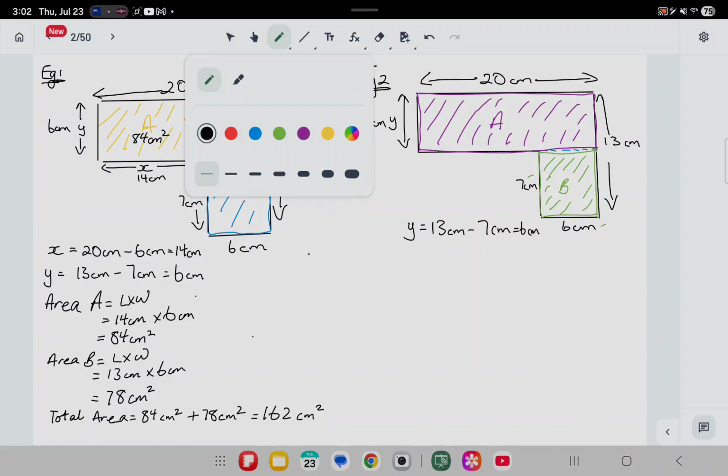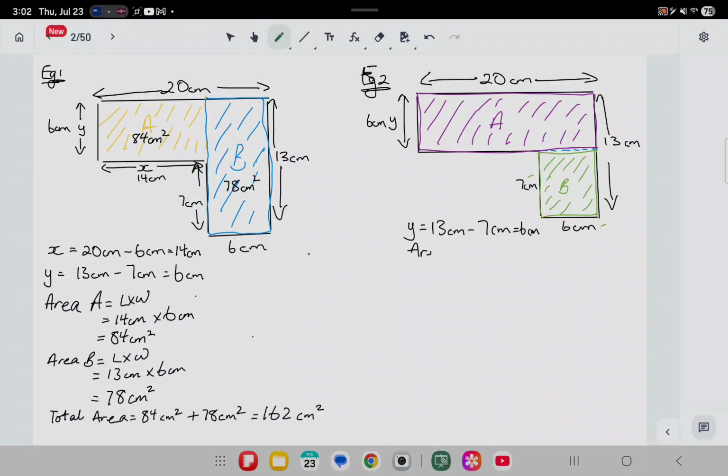So let's find out the area of shape A. We know it is a rectangle because it has a length and a width, so its length multiplied by width is area. So it's just 20 centimeters multiplied by 6 centimeters. And 6 by 2 is 12. Add the zeros, so that's 120 centimeters squared.